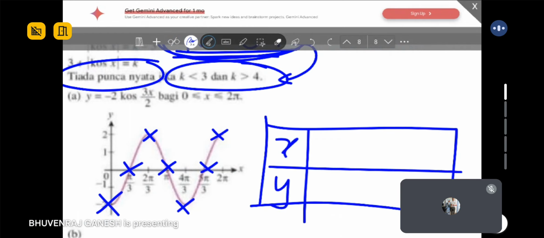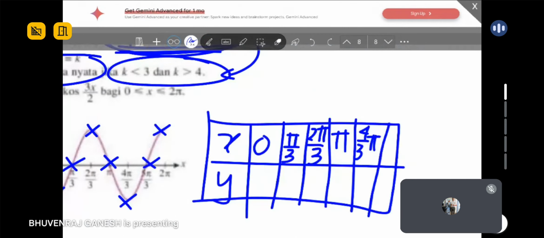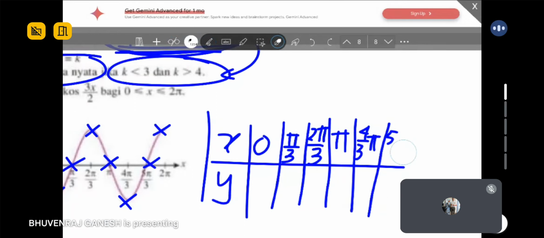So X, Y. You have 0, pi over 3, and then 2 pi over 3, and then pi, and then 4 over 3 pi. You can see there are many values. And then 5 over 3 pi, and also 2 pi.